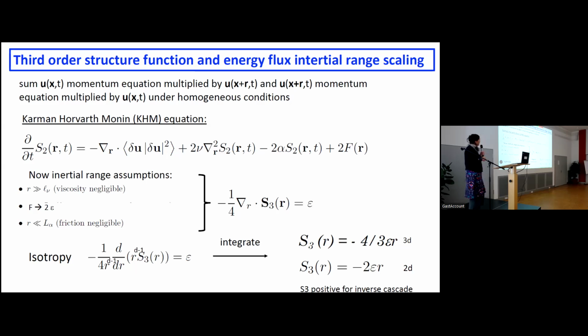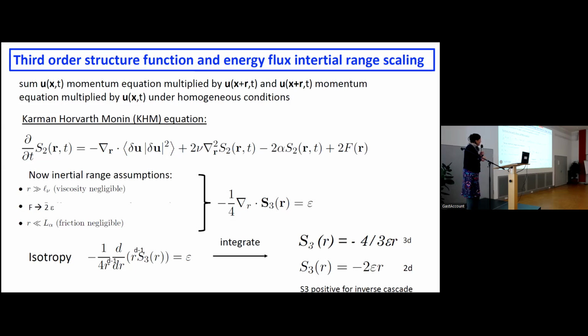And then the important term now is this divergence of the third order structure function. This comes from this nonlinear advection term. So here we have not made any inertial range assumptions. What comes out is this divergence of the third order structure function.